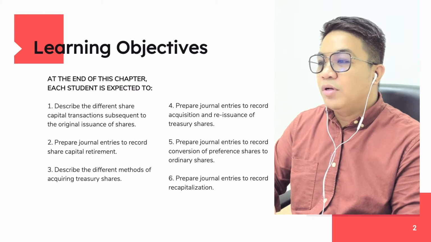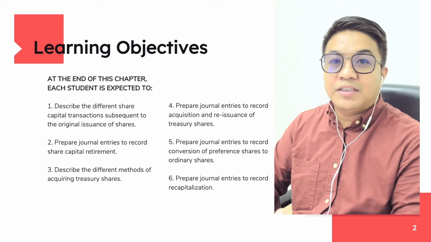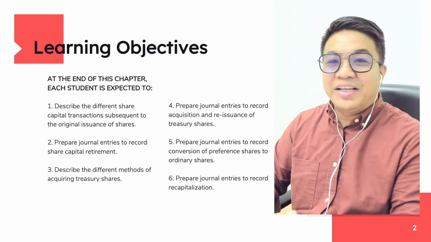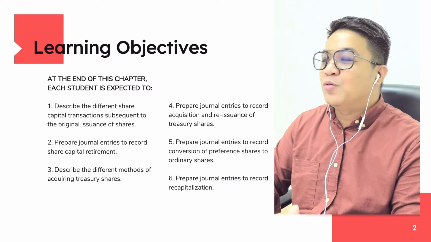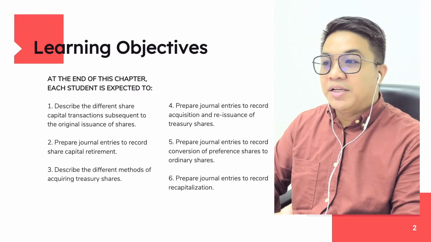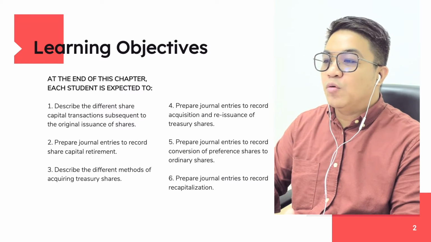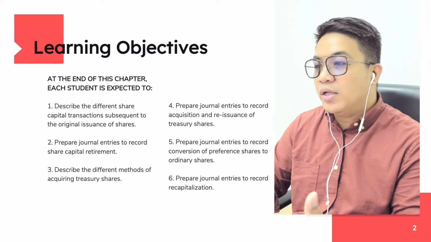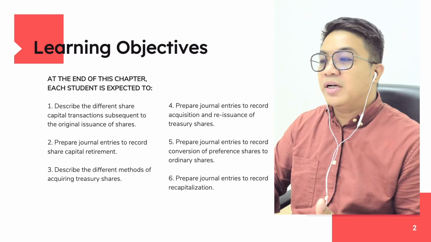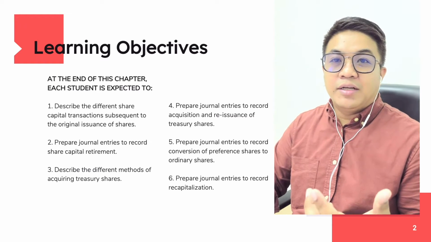We'll also do some journal entries, of course, the endless journal entries in this financial reporting subject, as well as the methods in acquiring treasury shares, and the issuance, re-issuance, and acquisition of treasury shares. That's where we'll dwell later on.